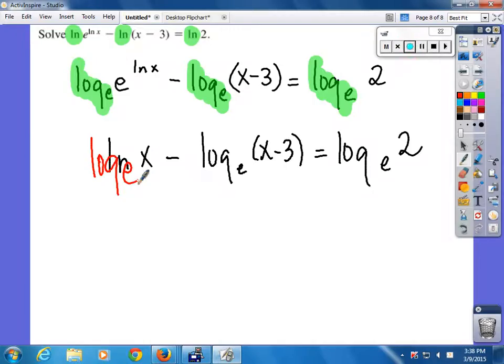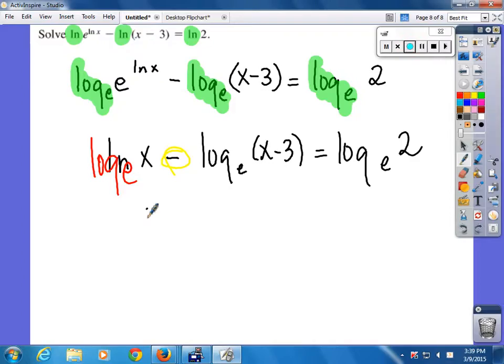Now tell me what I can do with this guy. Quotient rule, good. Now, if you're starting to pick up on that, then you're starting to learn how to manipulate. You see this, and you go, same base.